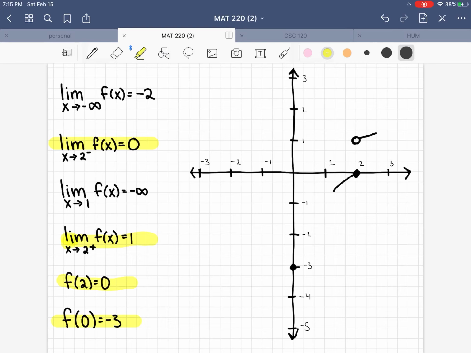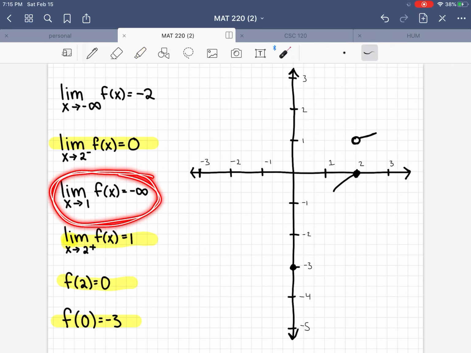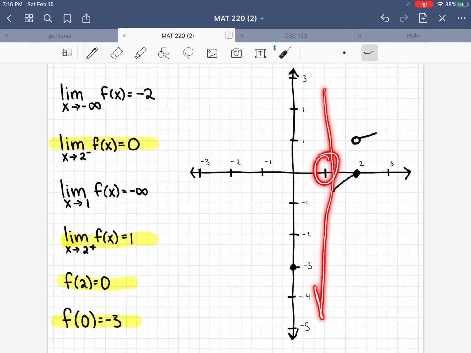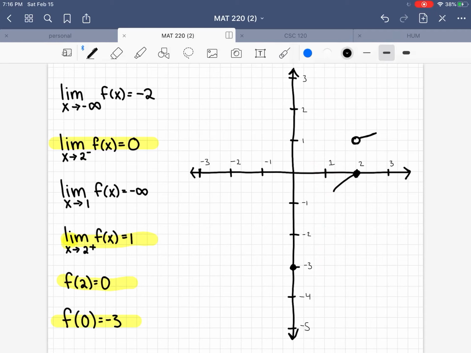Okay, and then the next piece we'll look at is what's happening as x is approaching 1. What we're given here is that as x approaches 1, f of x is going towards negative infinity. So our function at 1 is going towards negative infinity.